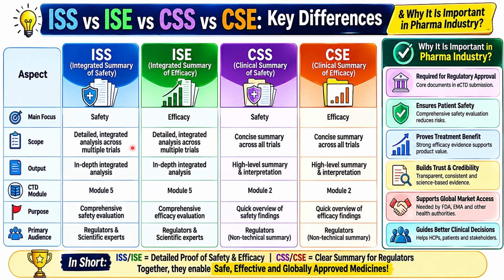But if you follow certain rules in terms of precision, attention to minute details, and you plan accordingly, and if you do the harmonization in a smart way, everything will fall in its own place and you will be able to finish the task. That's how the dedication is needed when you work on ISS and ISE studies, because one single mistake while combining the multiple studies, say 10 to 12 studies, can lead to huge losses.